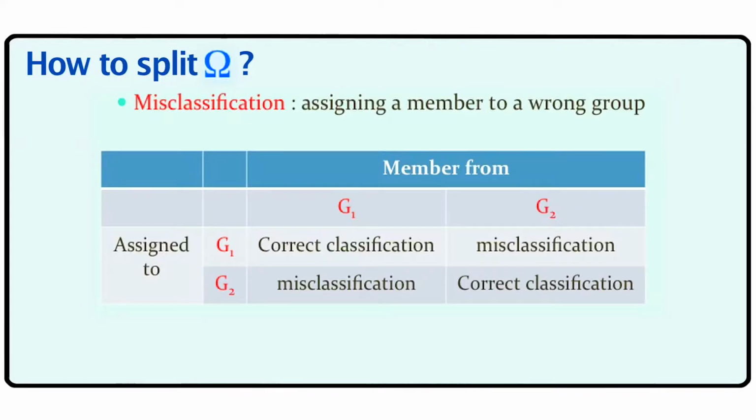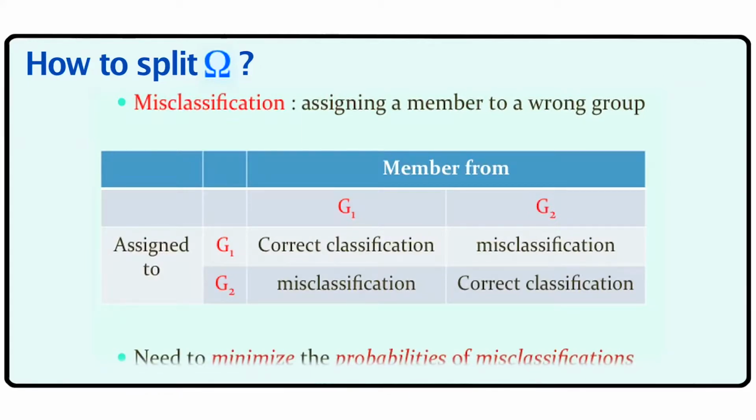Now what can happen is one of four things. You can have a member from group 1 who is assigned to the first group, and in that case we have a correct classification. You have a member from group 2 who is assigned to the second group, again a correct classification. But if a member from the first group is assigned to the second group, we have a misclassification.